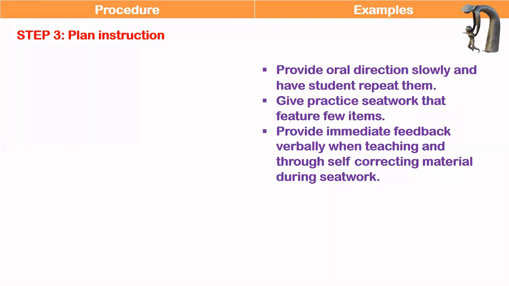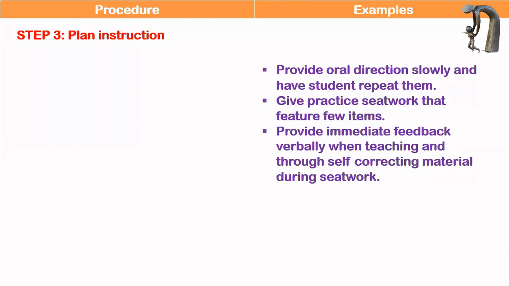Seat work means the child must sit at one place, at the chair or table, and work on the particular activity. Provide immediate feedback verbally when teaching and through self-correcting material. That means self-feedback, self-teaching. Okay, that is important.